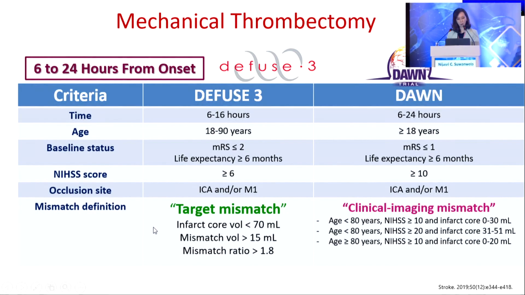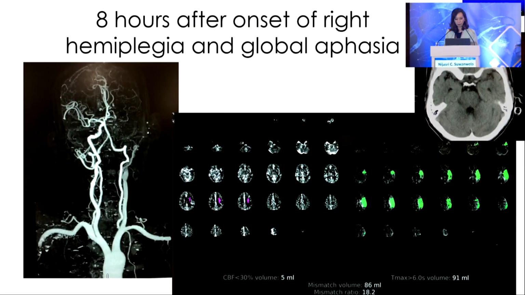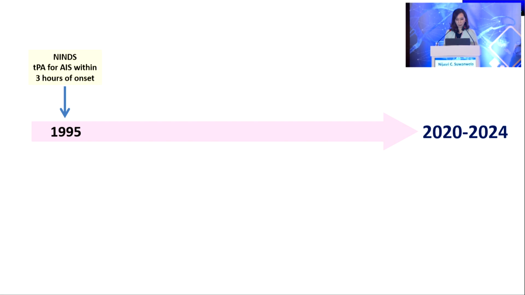And it was found in both studies that treating with thrombectomy is beneficial in these cases. So this is already old. Example of a case: 8 hours after stroke, MCA, ICA occlusion, and mismatch on imaging. This is RAPID again. And of course, thrombectomy was done.